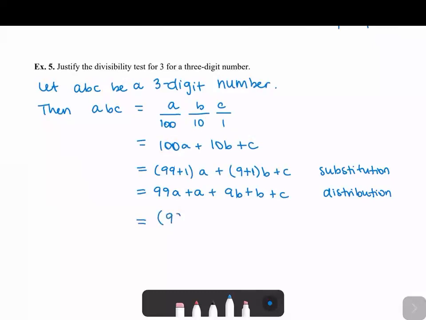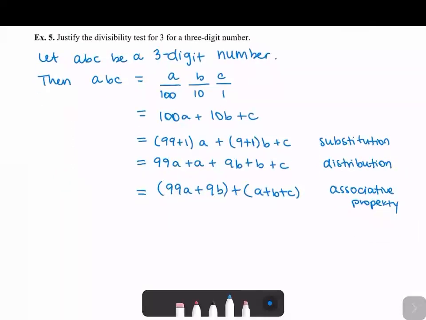So we look at 99A plus 9B, and then we are left with A plus B plus C. And this is the associative property. Okay, so we've rewritten ABC as this sum of different things.